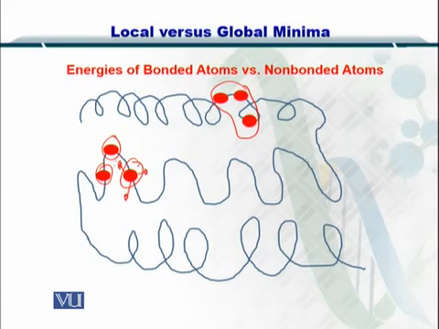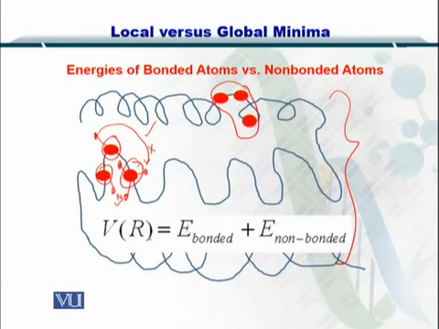Now these atoms will be interacting with each other, and there may be a chance where these atoms cannot interact with each other. Now, if you want to compute the overall structure's energy, then you have to add all such situations and arrive at an overall energy value.